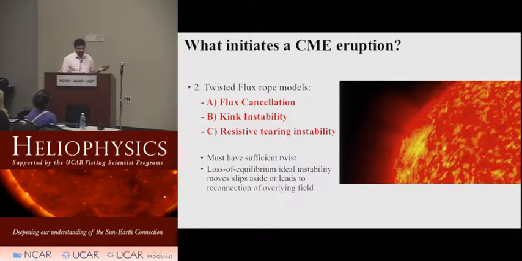But an important characteristic that these models have been invoking, from what I've seen, is that they need to have sufficient twist, and the loss of equilibrium, or the ideal instability, slips aside or leads to reconnection of the overlying field. When I say slips aside, that's an effect of 3D, where it can just slip to one side of this CME.